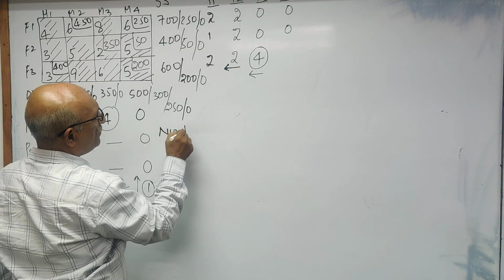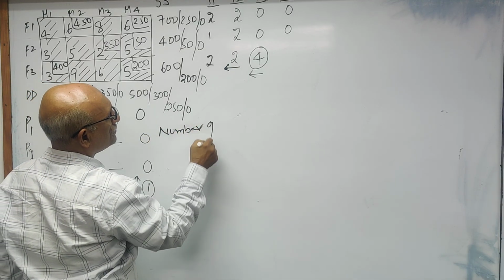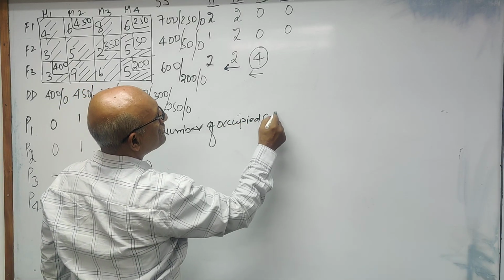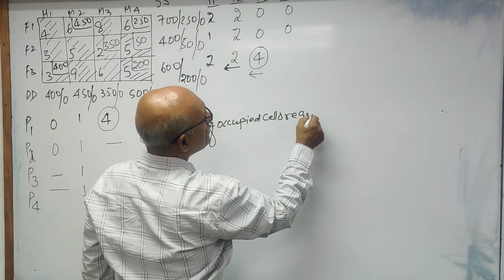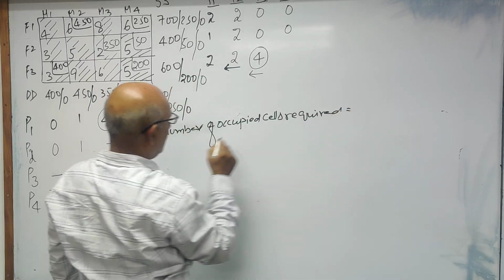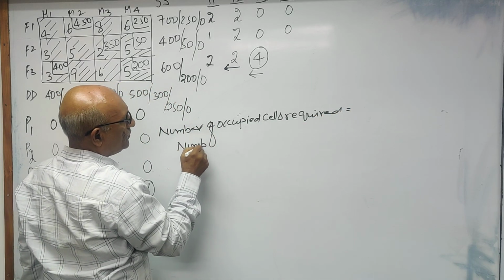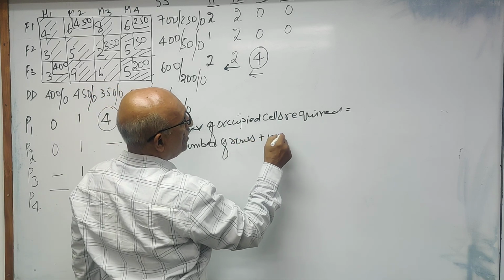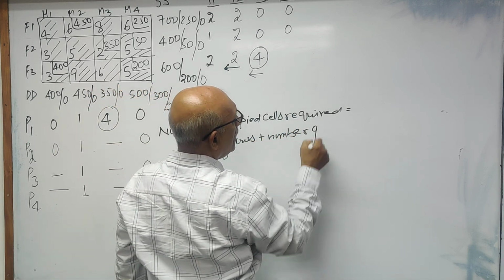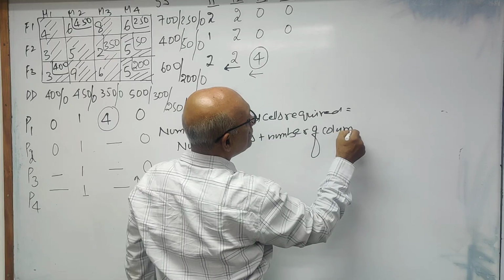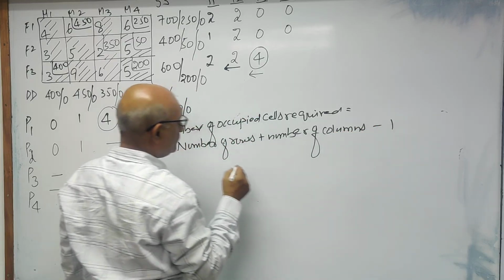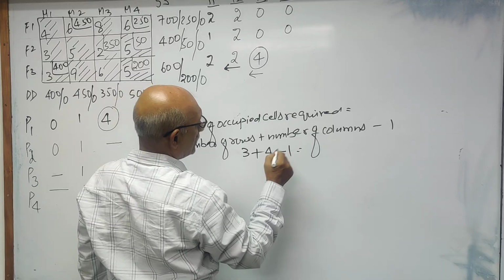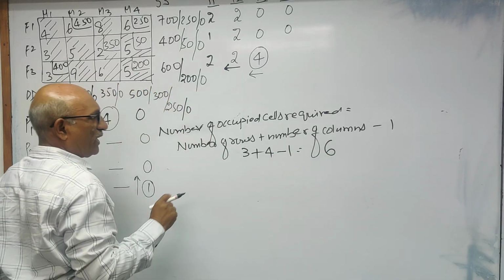Number of occupied cells required is equal to number of rows plus number of columns minus 1. It is a 3 rows, 4 columns matrix. 6 occupied cells are required.